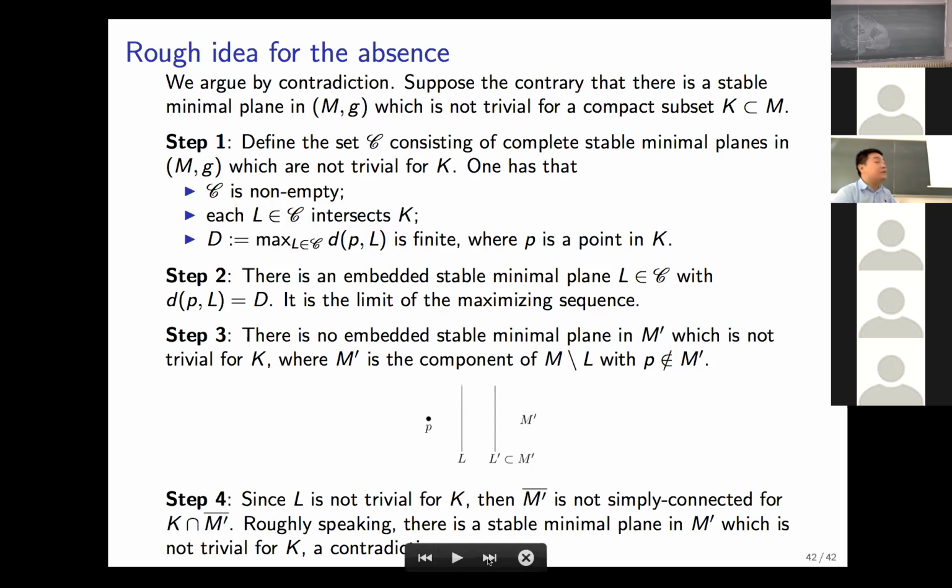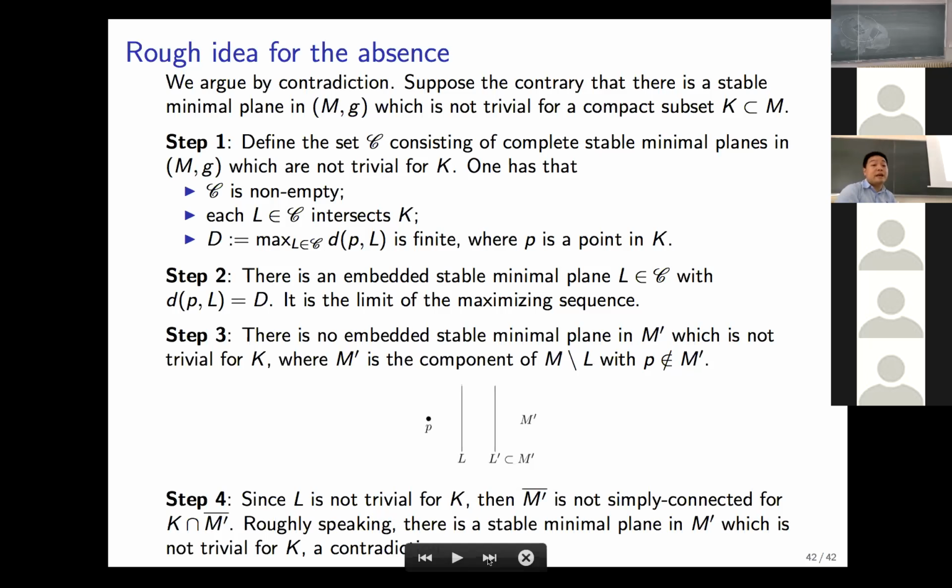We define the distance D from one point P to L, where L is one element in this set. We know this distance D is finite because each L intersects K, and K is a compact set.